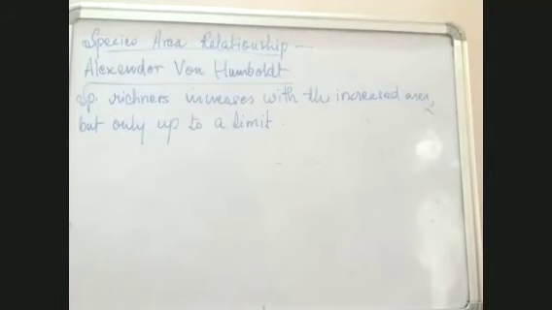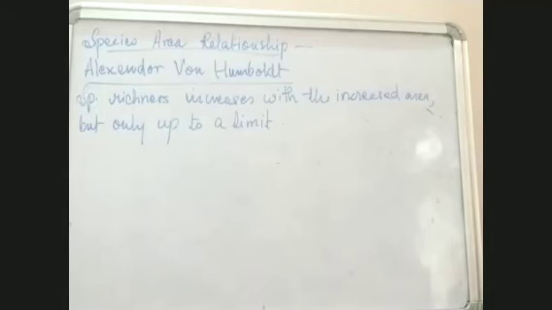So this is what he wanted to say, that species richness increases with the increased area, but only up to a limit. After that, those are the same species which are seen in a bigger area. Only up to a certain area will the species richness increase, and then you will find the same type of flora and fauna in the bigger area also.